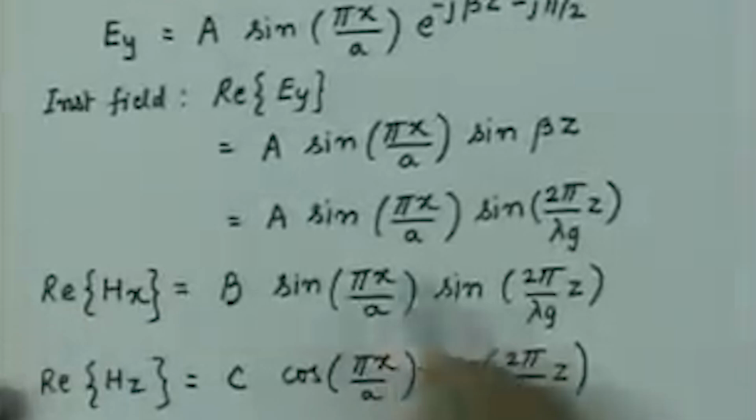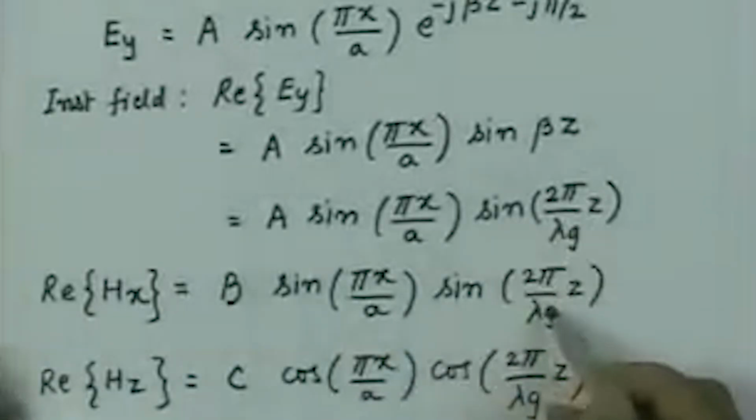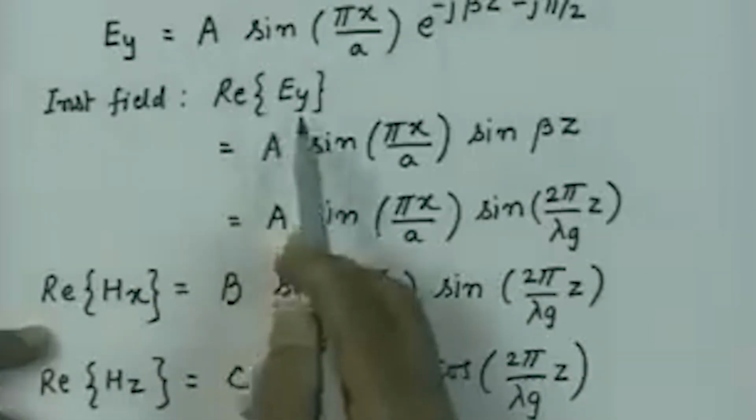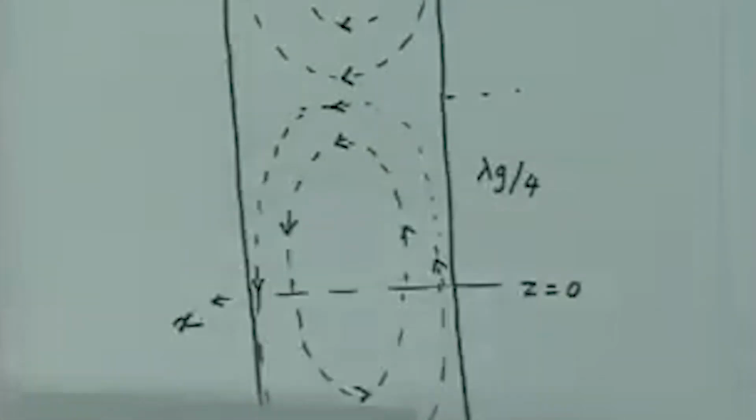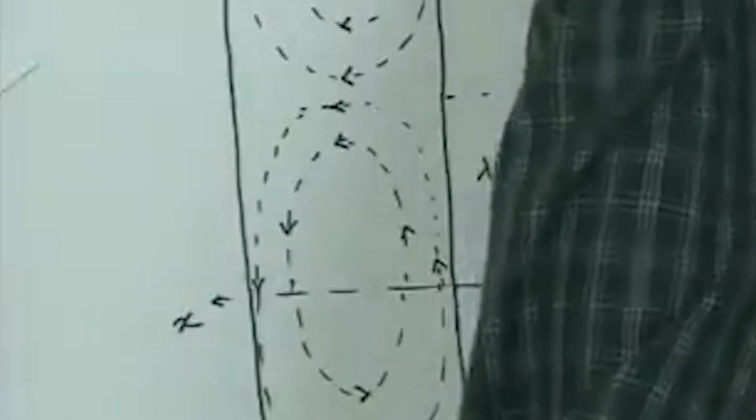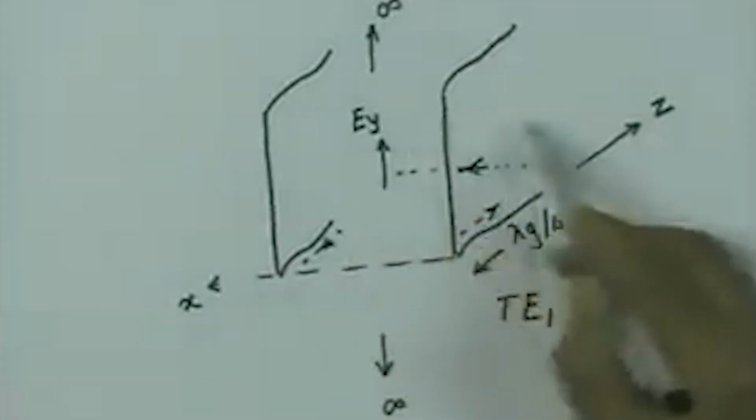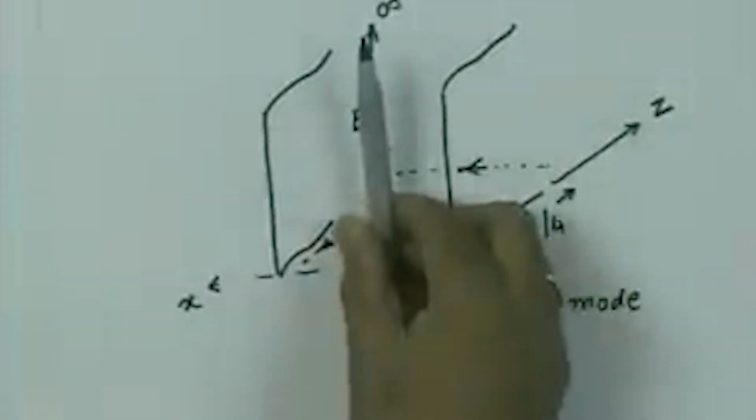What about the electric field? The electric field has a variation in z direction which is same as this, but it is oriented in y direction. So, if I consider in this, it is having a sinusoidal variation in this direction, but oriented this way.